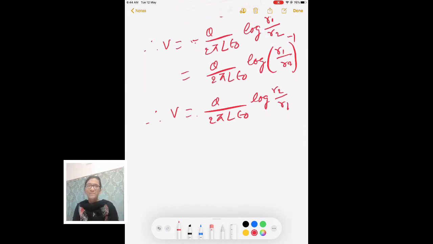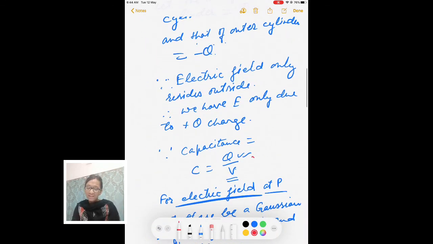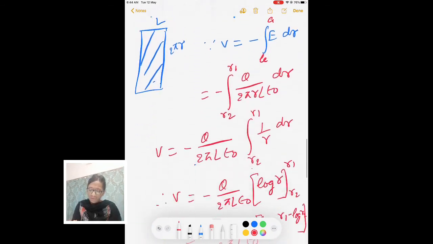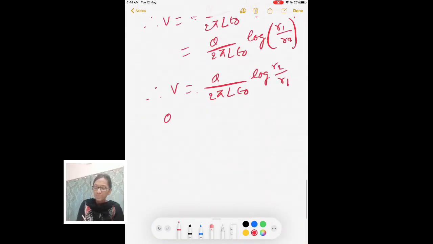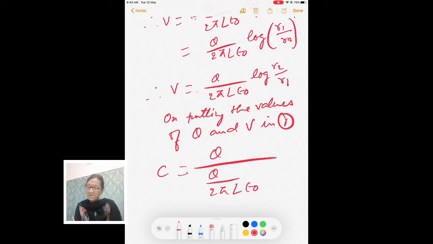So now we have the values of U and V, and we will put these two values in equation 1. So on putting the values of U and V in 1, we get that C is equal to Q upon 2 pi L epsilon naught log R2 upon R1.